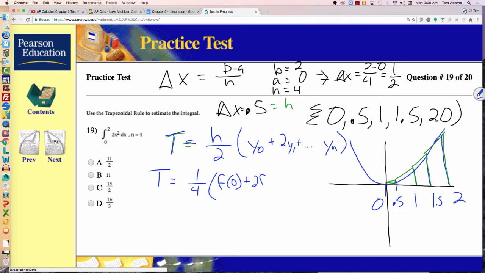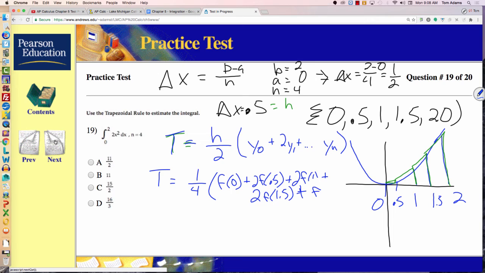Plus 2 times f of, not 1, it's 0.5, I forgot. F of 0.5 plus 2 times f of 1, plus 2 times f of 1.5, plus f of 2, because you do the very last one.